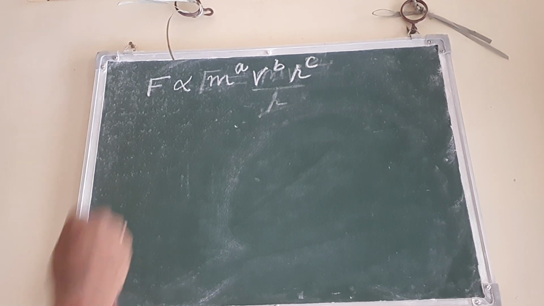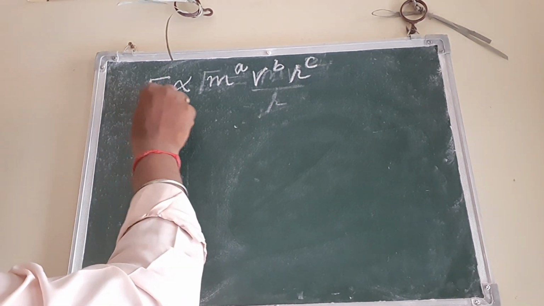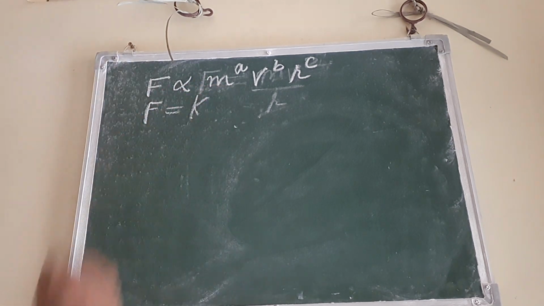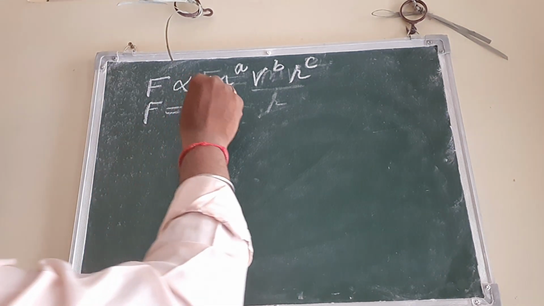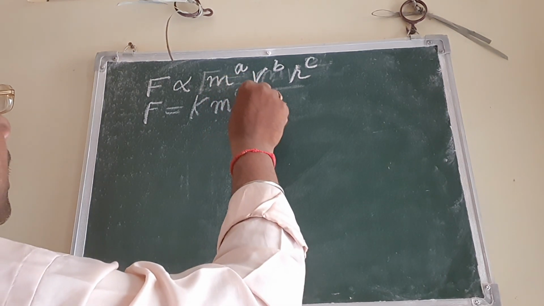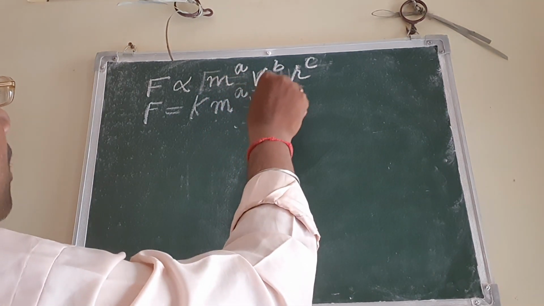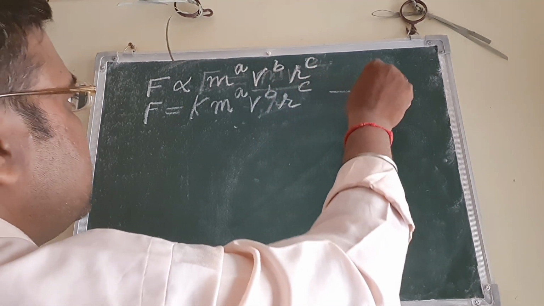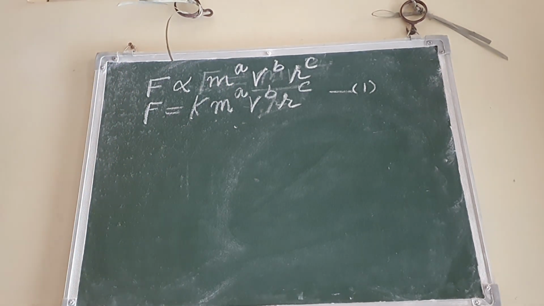For proportionality we are taking a constant k. So F is equal to k m raised to power a, v raised to power b, r raised to power c. This is our first equation. I think you all might have understood this much.